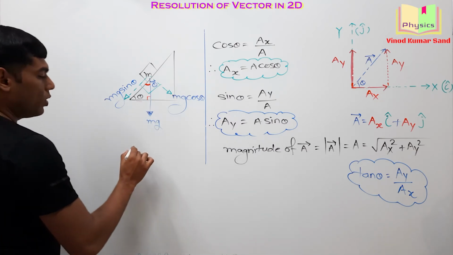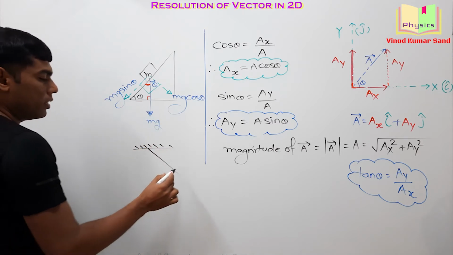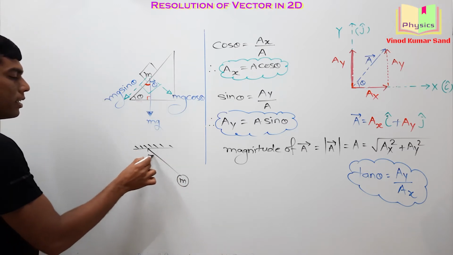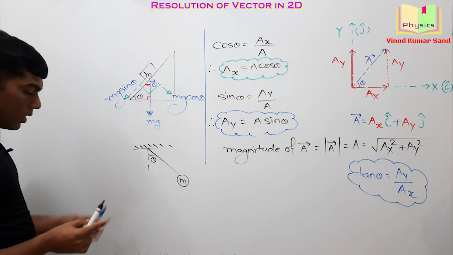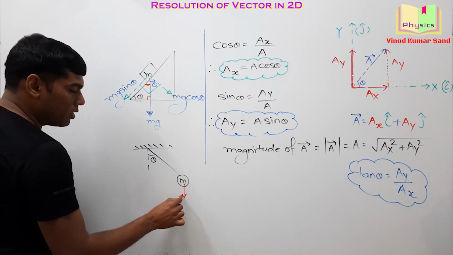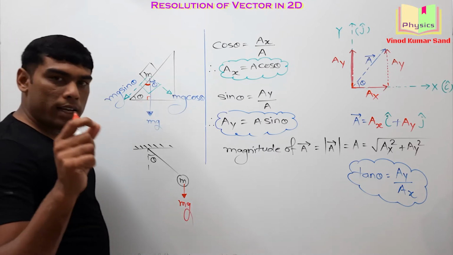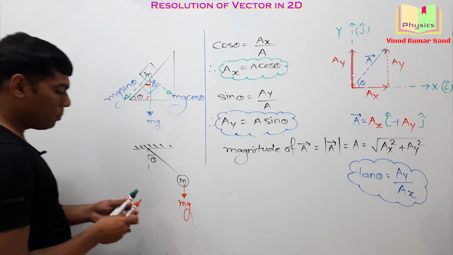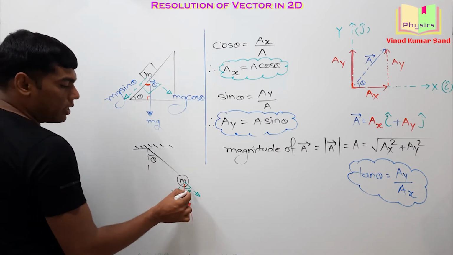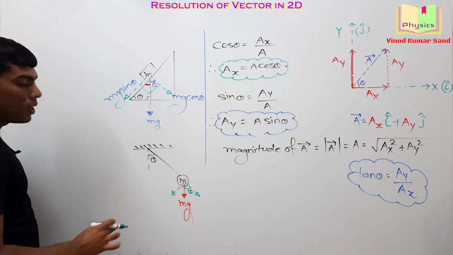Suppose we have a pendulum. This pendulum bob has mass m and the angle is theta. The gravitational force on this pendulum bob is shown as mg. Now again we are doing the rectangular components. So if this angle is theta, this angle must also be theta. This much mathematics you know.